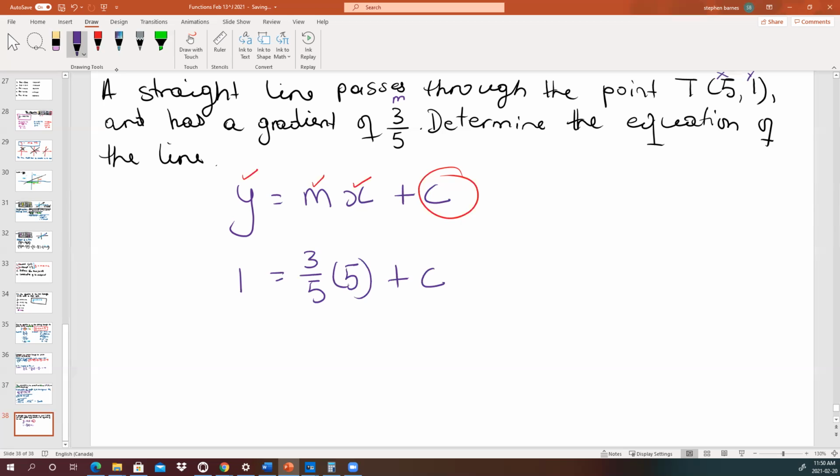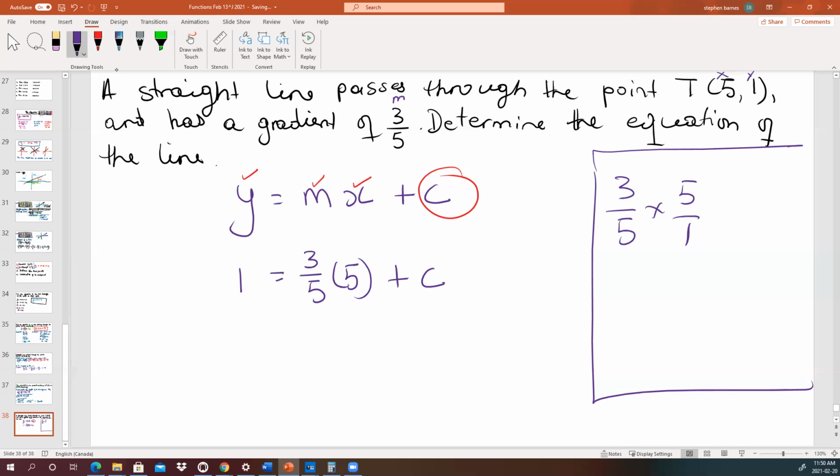plus c. Now we need to work out 3/5 times 5. So I'm just going to go to a sidebar here for your benefit. 3/5 times 5/1. You can work across, which is 15 over 5 times 1, which is 5, which gives you 3, or you can say 3/5 times 5 over 1 and cancel, giving 3 over 1.